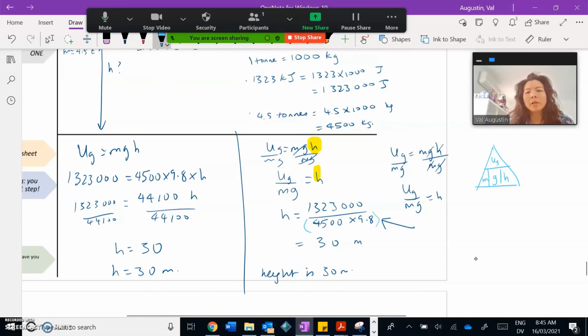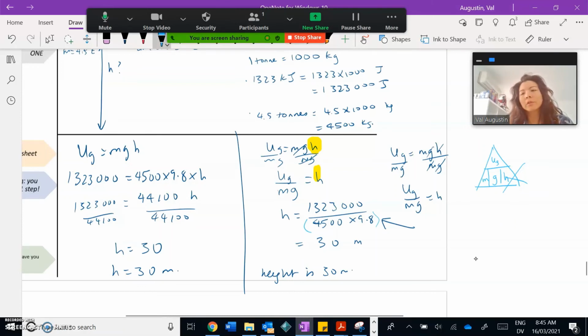You can cover up the h, which is what we want to find, which means that h is equal to UG over mg, which is a nice shortcut. Oh, that did not copy out very well. Let's try it again. It's a nice shortcut to not have to do the algebra, but then you just have the solve and substitute again.